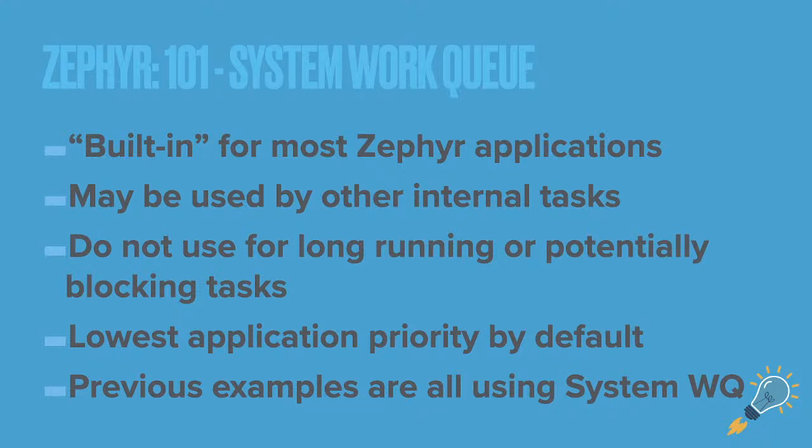And by default, it is the lowest application priority, or maybe even a little bit lower. So if it's a high priority task you're going to be doing, you don't want to be putting it into the system work queue anyway. And like I mentioned, both of those previous examples, the delayable and the regular one, are using the system work queue.